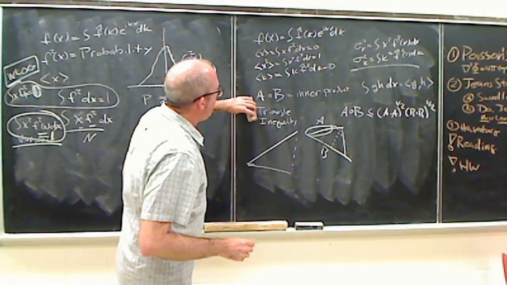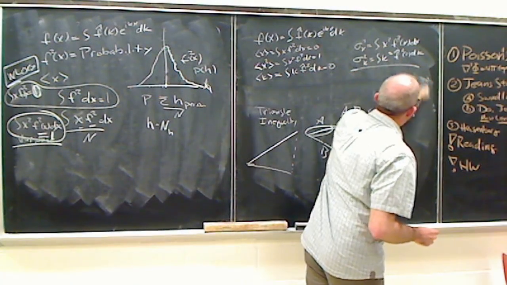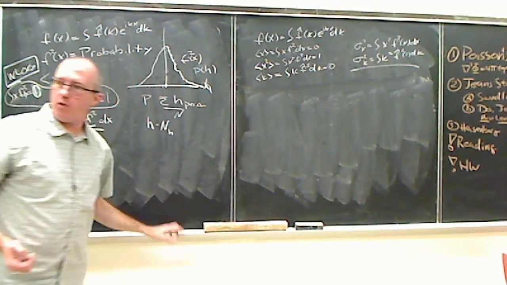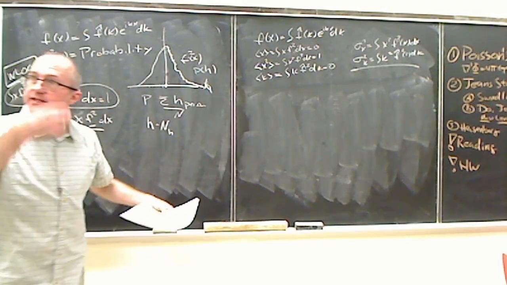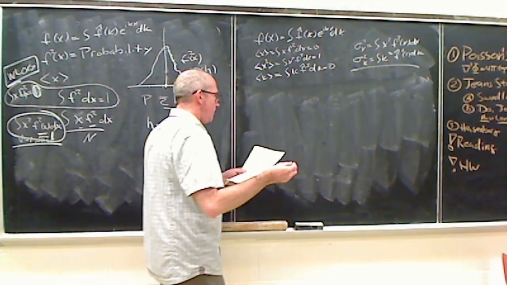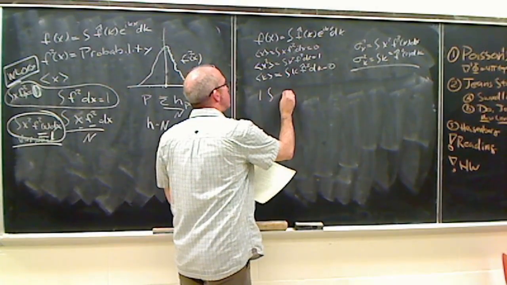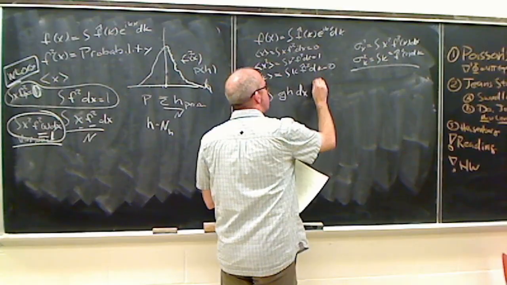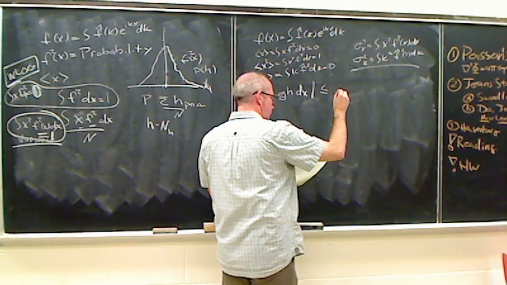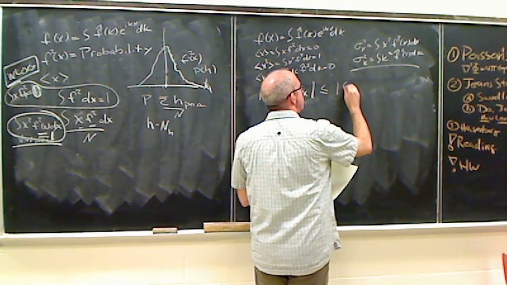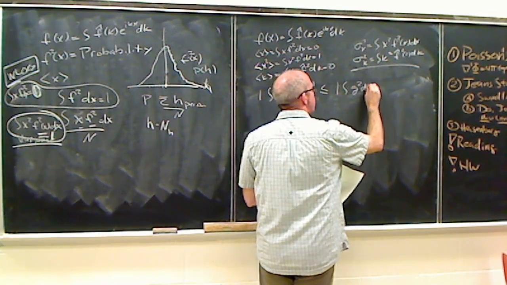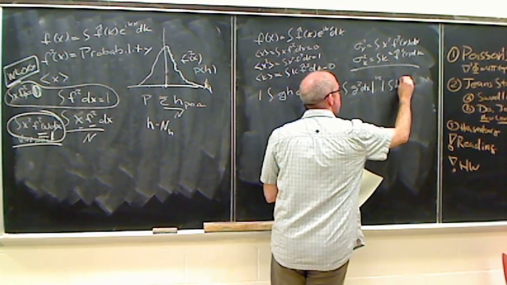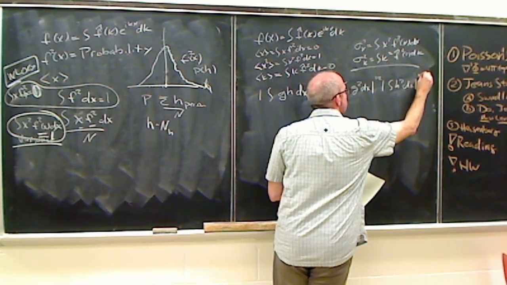So I have a similar triangle inequality for this vector space that is now functions. I can say that the magnitude of the integral of g times h dx has got to be less than or equal to the integral of g squared dx to the 1/2 times the integral of h squared dx to the 1/2.